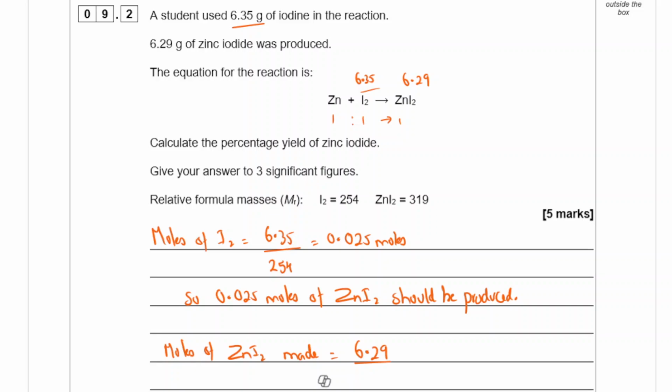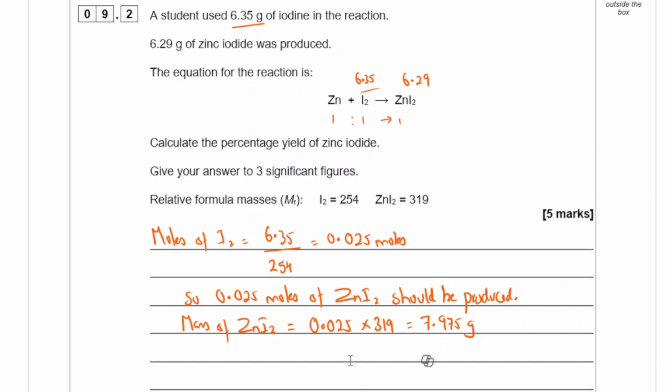I've skipped a step. Let me get rid of that. So I worked out the number of moles of zinc iodide, so I can work out the mass of zinc iodide that should be produced: 0.025 multiplied by 319. That would give me 7.975 grams of zinc iodide should be produced.